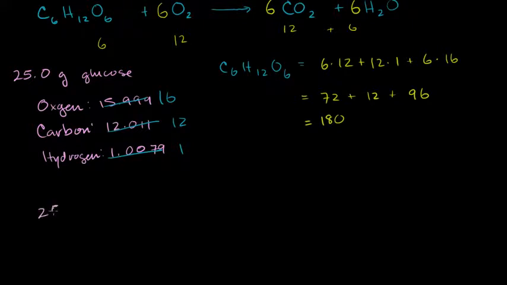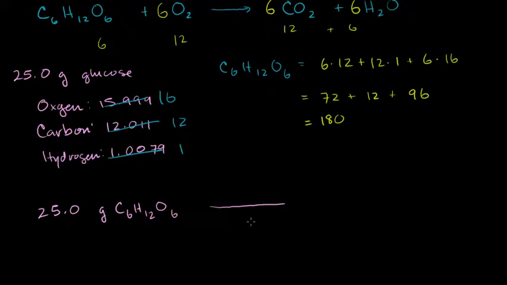We have 25.0 grams of C6H12O6. We want to write this in terms of moles of glucose, so we want to cancel out the grams. So we want the grams in the denominator. Here it's in the numerator. If we divide by that unit, we're going to cancel it out.